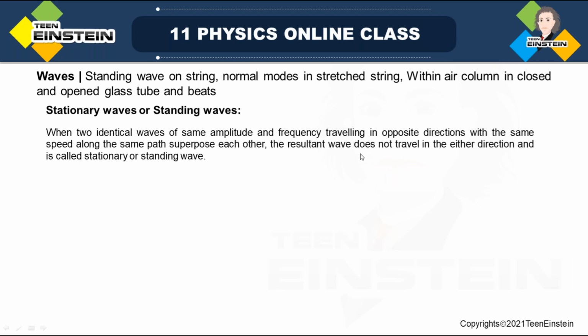That resultant wave will contain nodes and antinodes. We have seen that, which does not travel in either direction, is called the stationary wave.